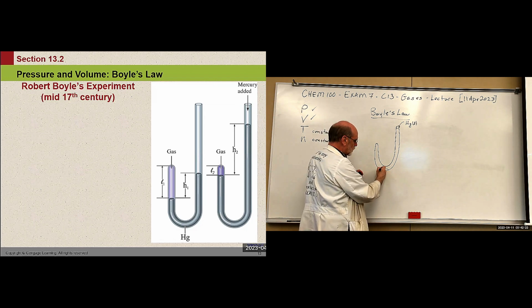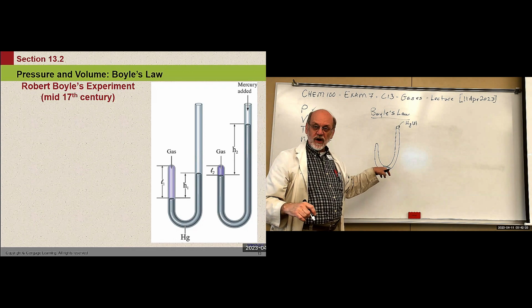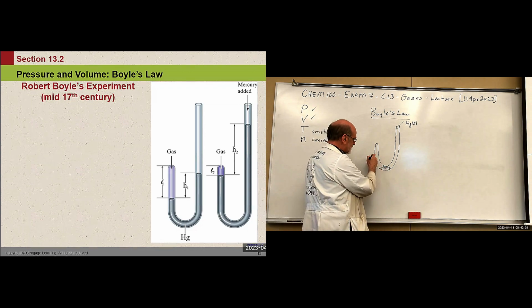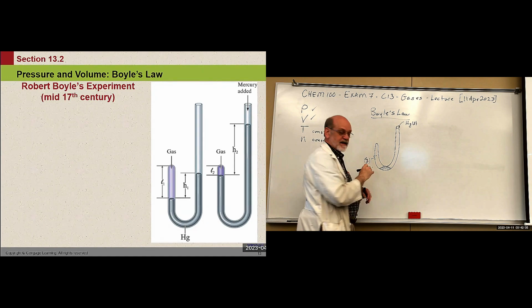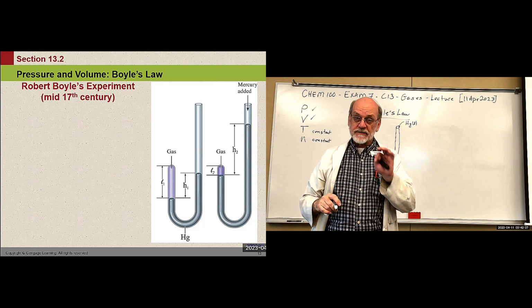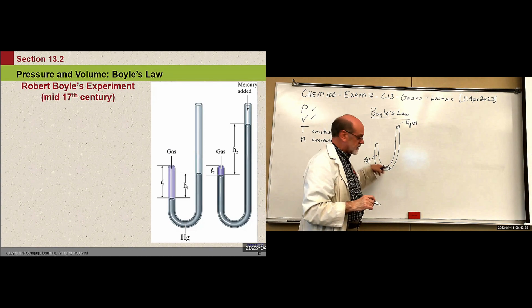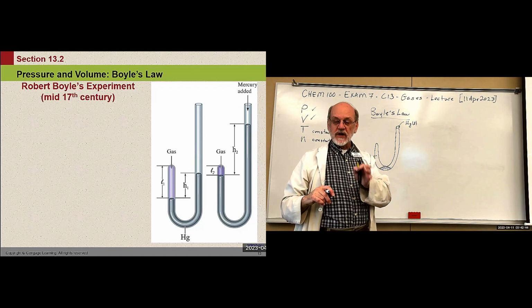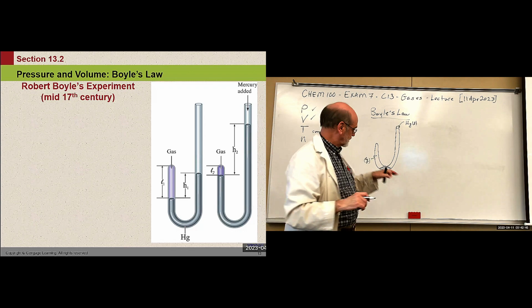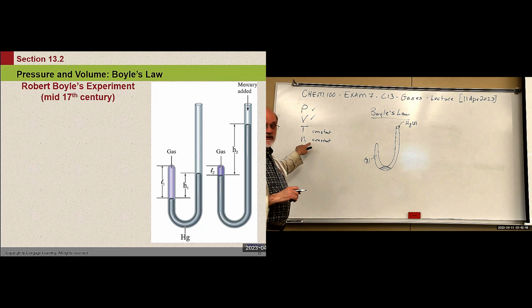Add a little more, it pools up some more. Add some more, and it touches the inner wall. When it touches the inner wall, the amount of gas, the moles of gas in that section of the tube, now is fixed. It will not change because it's sealed off, right? So that fixes this one as constant.